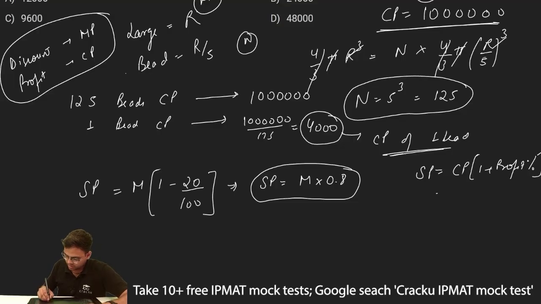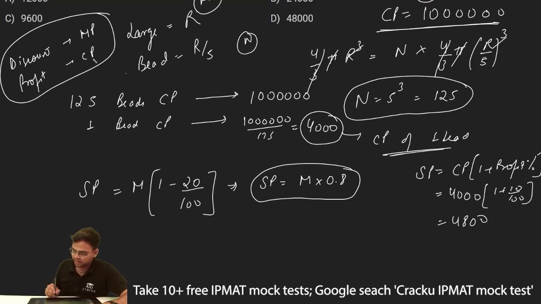This is the formula. So CP 4,000 into 1 plus 20 by 100 is equals to 4,800. Now we have SP, which is M into 0.8, and we have SP 4,800. We can compare these values. M into 0.8 is equal to 4,800. And thus I can write M will be equal to 4,800 divided by 0.8, which value is 6,000.